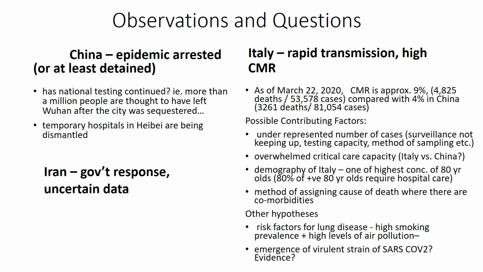But the long and the short of it is, data is uncertain. We have anecdotal evidence and lots of reports from physicians in areas, especially outside of Tehran, which indicate that there isn't really good data on the number of infected, nor of people who are dying. There are a lot of people dying in Iran of COVID-19 that I think are not being reported. So it's a difficult situation, and it will go on for a while.